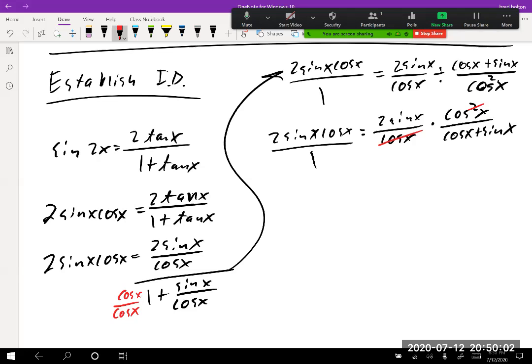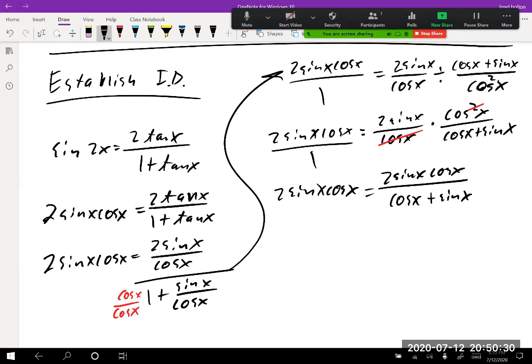So then this will become 2 sine x cosine x equals, well, it's multiplying, so 2 sine x cosine x all over cosine x plus sine x. Let's see here. I don't see anything good happening. I think I might have done something wrong here.